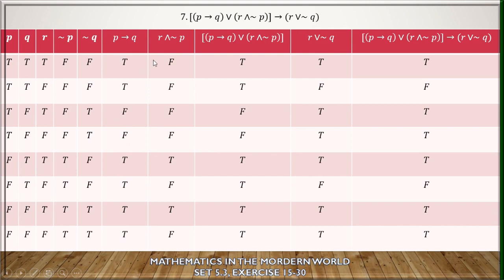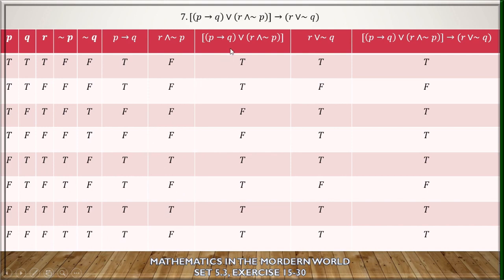For the conjunction of R and not P: true, false is false. False, false is false. True, false is false. False, false is false. True, true is true. False, true is false. True, true is true. False, true is false. So only this and this are true.